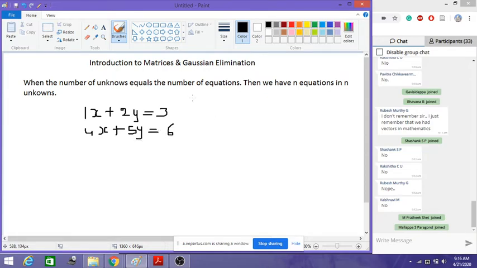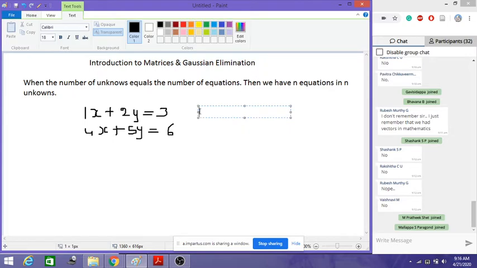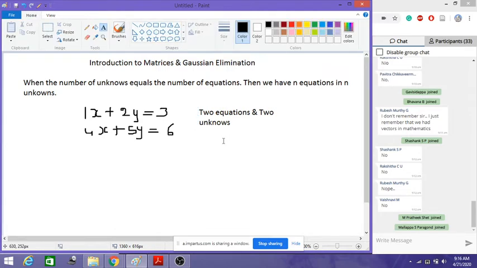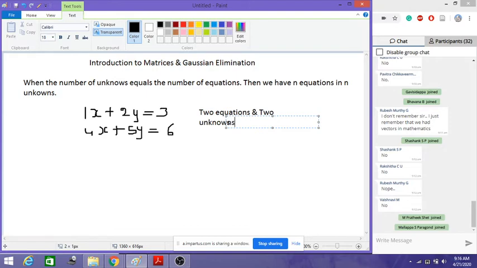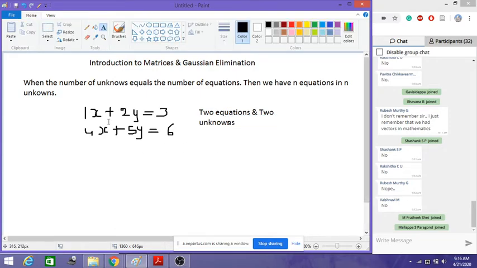So we have two equations and two unknowns in these equations. Here we can find the values of x and y in two methods. One is by elimination method and another one is by determinant method, and we will see which one is better. So we'll take the elimination method first.